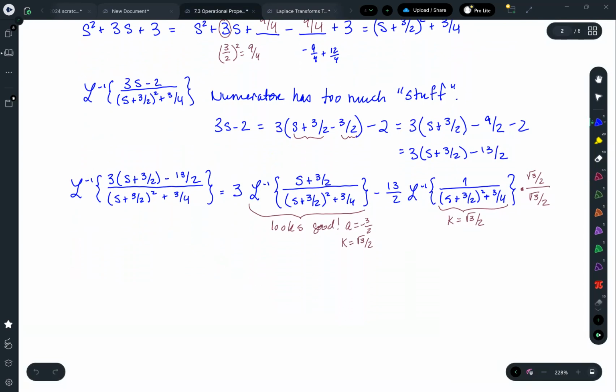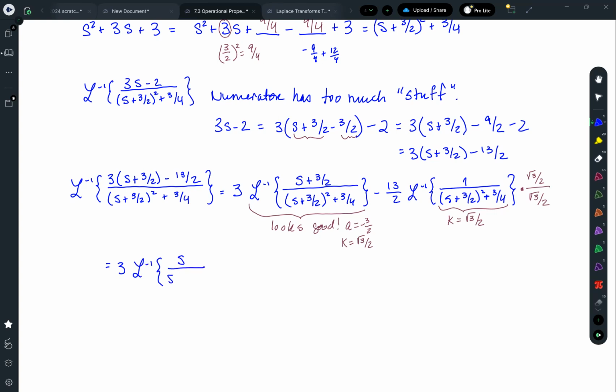So in the next line, I'm going to rewrite this. I have 3 times the Laplace inverse of s plus 3 halves all over s plus 3 halves all squared plus 3/4. This I can rewrite as the Laplace inverse of s over s squared plus 3/4 evaluated where s went to s plus 3 halves. So we know that's going to give us our exponential multiplier in the little t world.